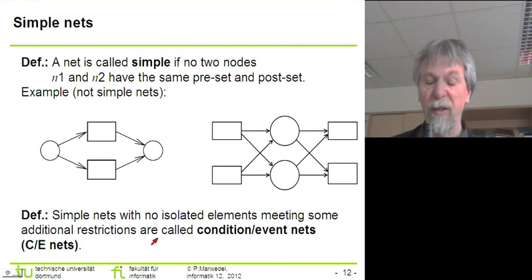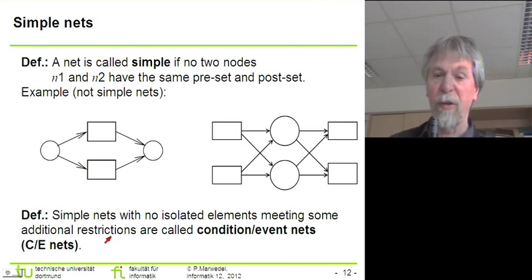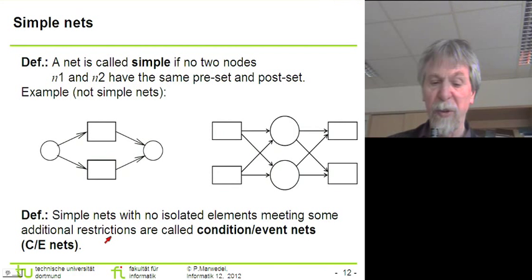So that means that now we should more or less know what we mean when we talk about condition event nets. There may be the question, well, what are actually these additional restrictions that I haven't really formally introduced? Well, these additional restrictions require all events to sometimes take place and sometimes not to take place. If we had events that would always take place, or if we had events that would never take place, they would be pretty useless.